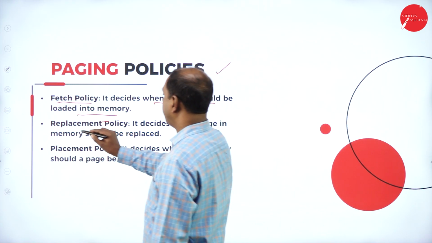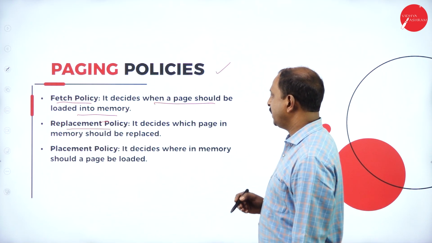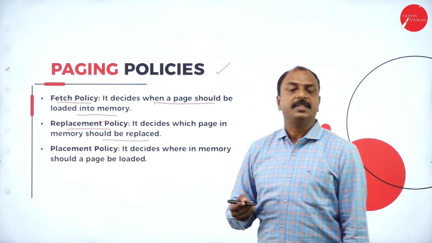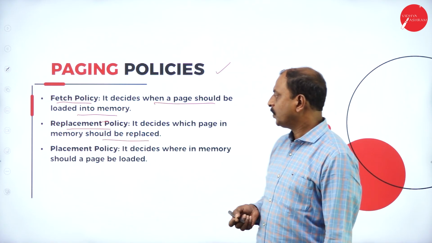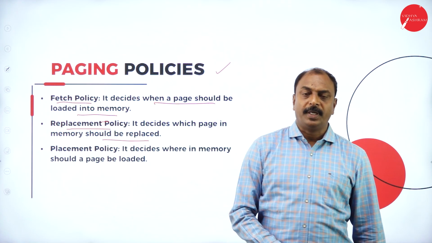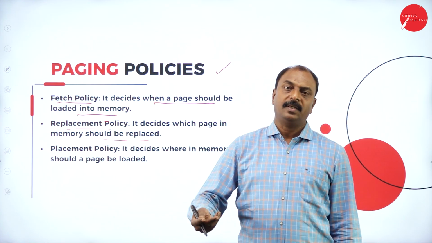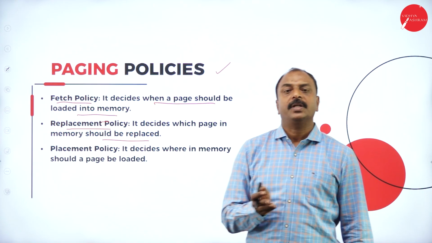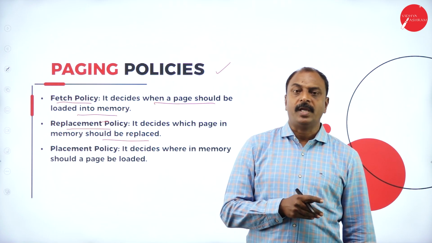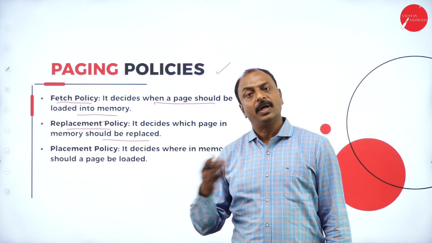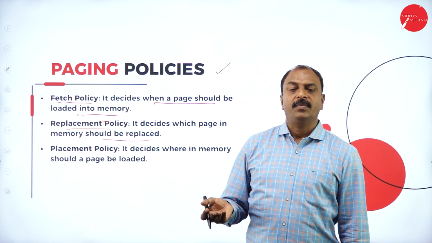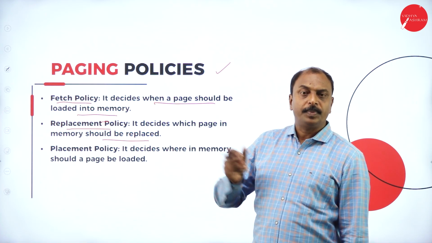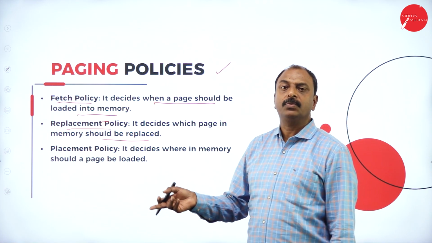The second one is replacement policy. It decides which page in memory should be replaced. As we have seen in the beginning of the slide, if there are not enough frames in the main memory for processing, then the old pages in memory have to be swapped out so that we have enough space to bring new pages from secondary memory into main memory.